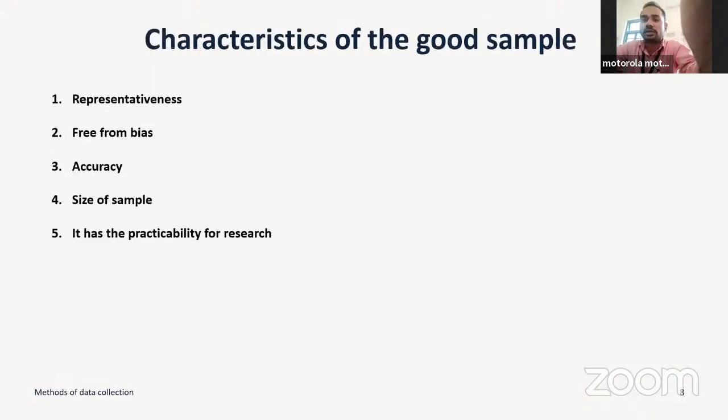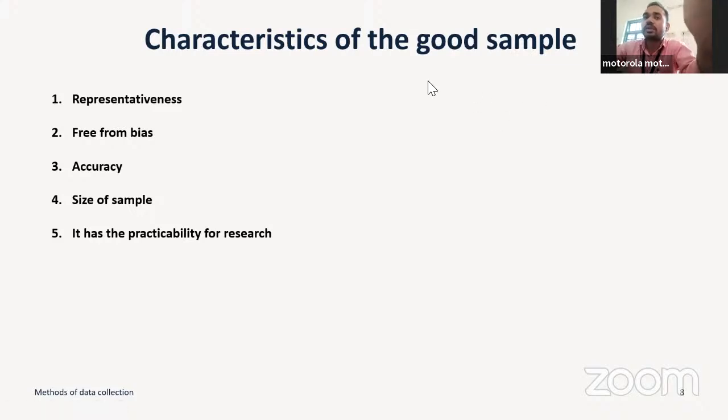Please, next slide. Okay. So what are the characteristics of a good sample? When can we say a sample collected using a sampling method is good for analysis, or good for making inferences regarding the whole population? When the sample is representative, it should have representativeness.